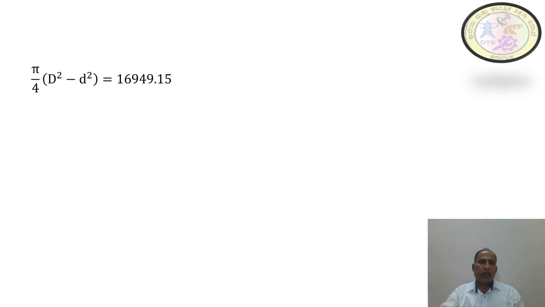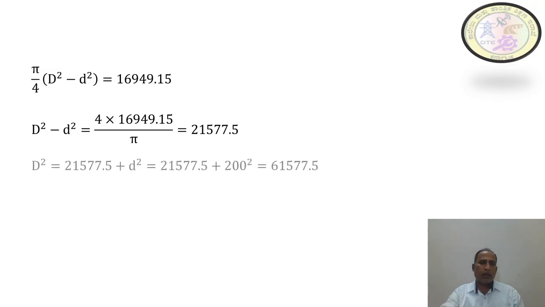As we know that the cross sectional area of a hollow bar or a hollow cylinder or a hollow section is pi by 4 into outer diameter square minus the inner diameter square, that is equal to 16,949.15. So therefore capital D square minus small d square is equal to 4 into 16,949.15 divided by pi.